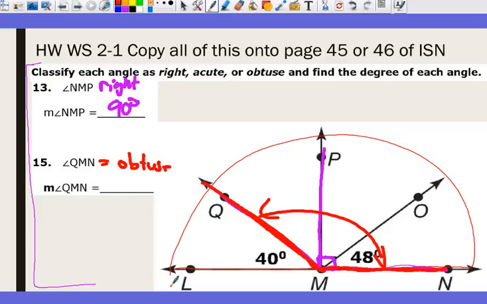So, how many degrees is a straight line? 180 degrees. Minus, how many degrees did Brianna eat? 40 degrees. So, 180, take away 40 degrees of pizza. How much pizza are you left with? 140 degrees. Excellent job. I'm impressed.